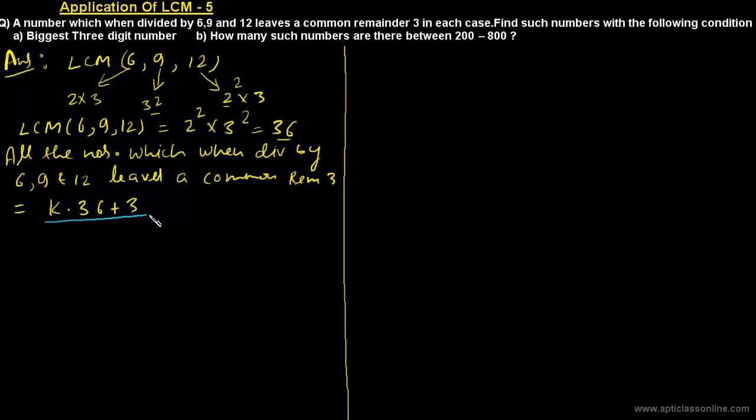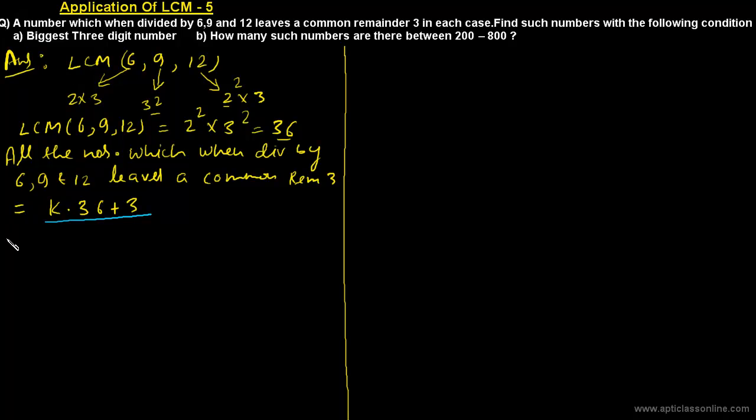All the numbers will be found as k times 36 plus 3. Why? Because the multiples of 36 will give you all the numbers which are completely divisible by 6, 9, and 12. And if you keep on adding 3 to each multiple, you will get all those numbers which will leave a common remainder 3.